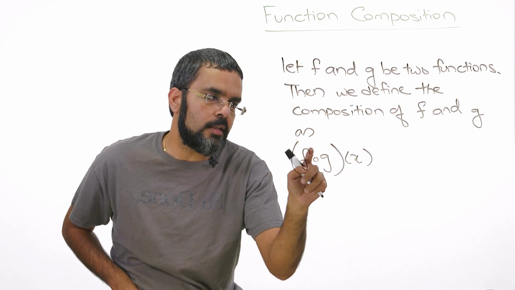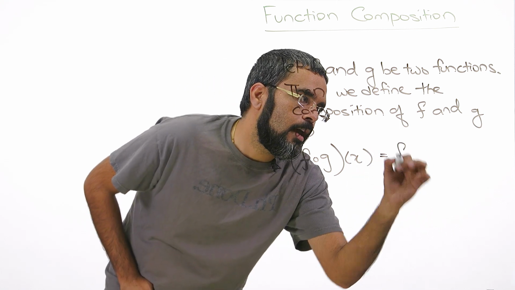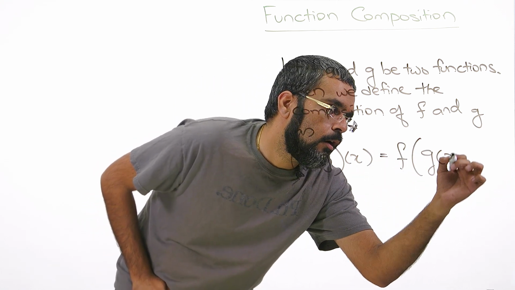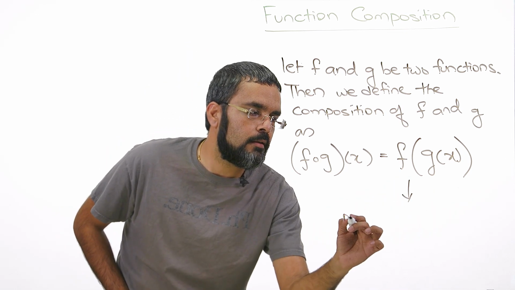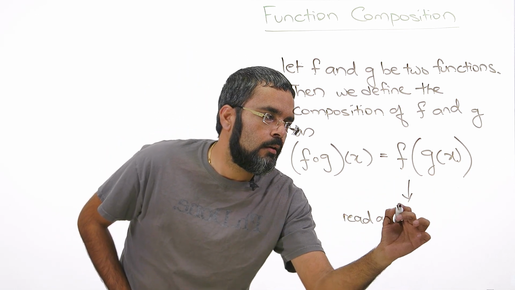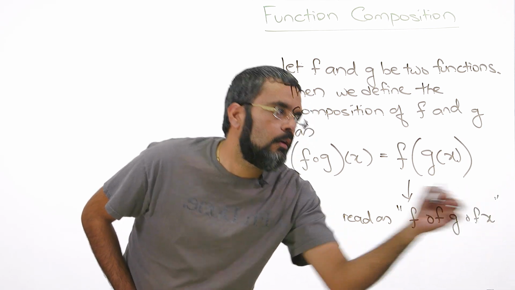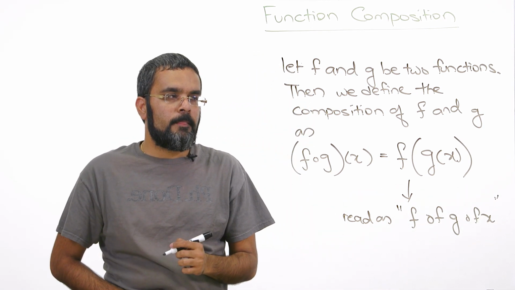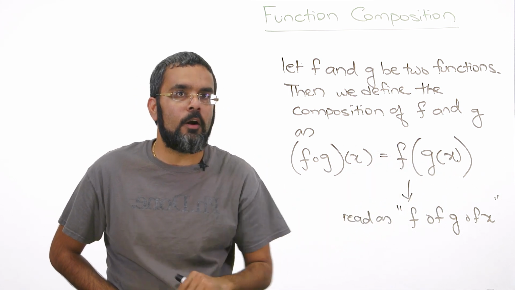Remember, this is an O, it's not a multiplication sign. This is f of g of x. And we read this as f of g of x. So again, g of x, which is my output, now becomes the input for f of x.